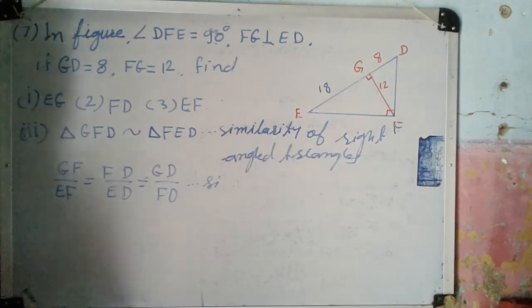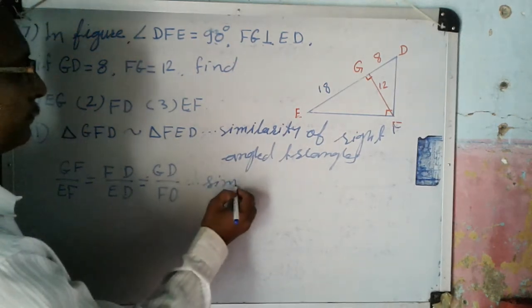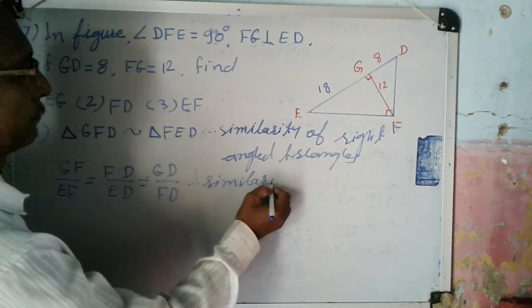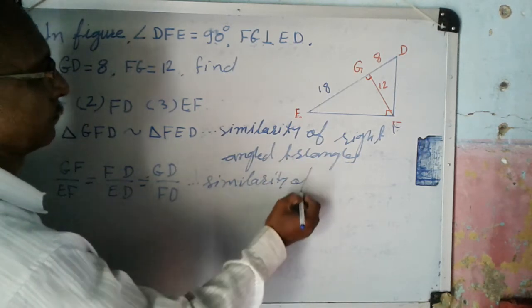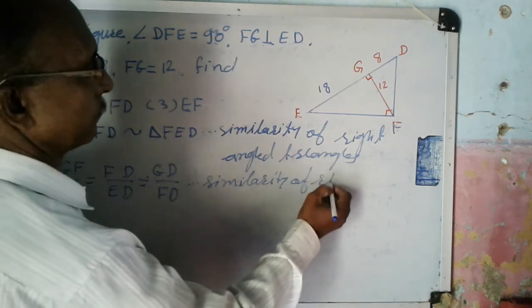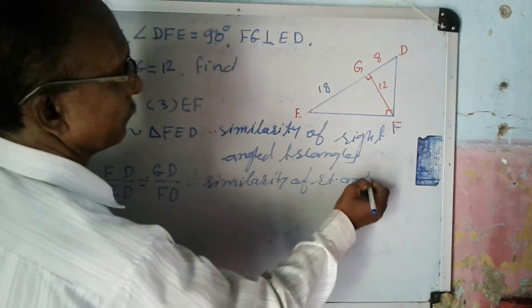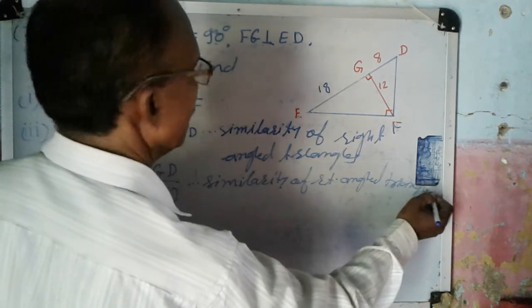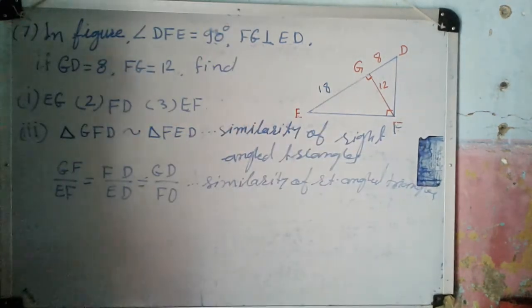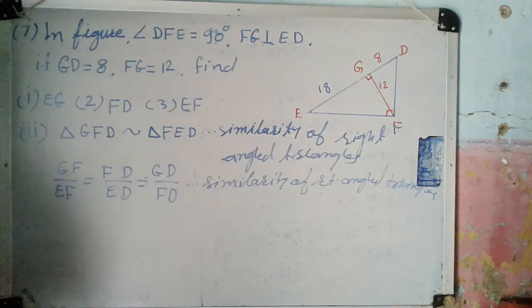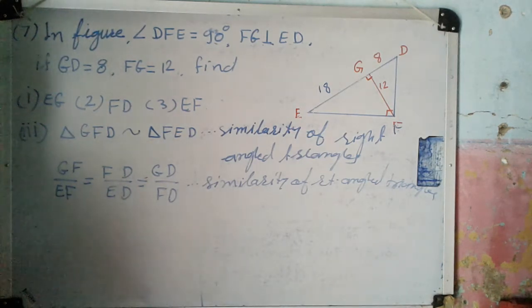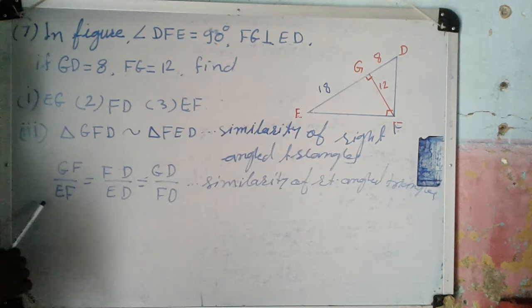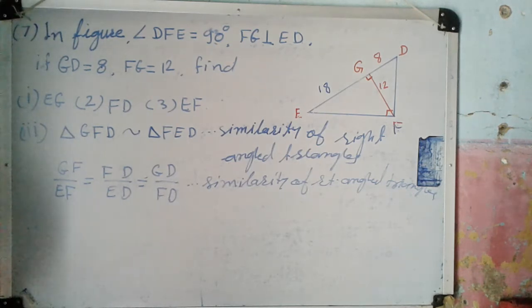Similarity of right angle triangle. Same reason. Now here we have to find EF. For that we have to take this ratio and another.